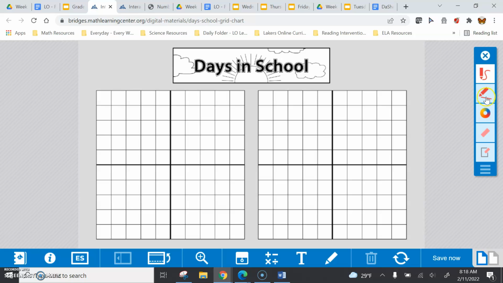And with this grid, we have this whole chart filled in. So rather than going through each one, you know this whole chart is filled in. This is 100. Now we're going to have 101 days that we have been in school.